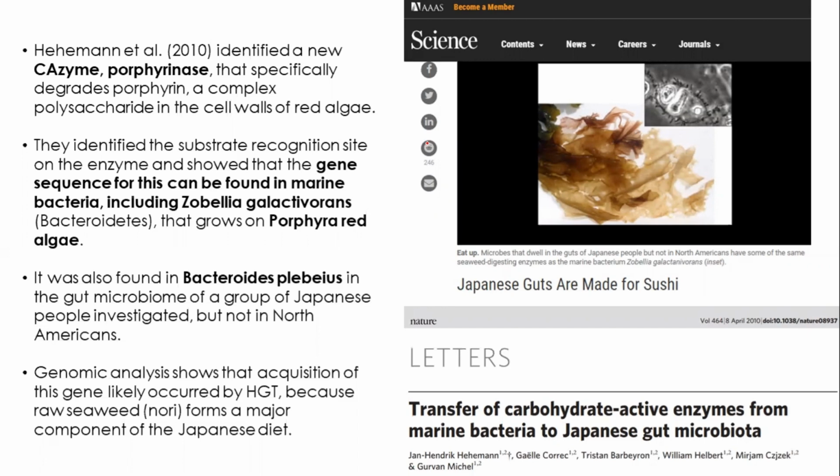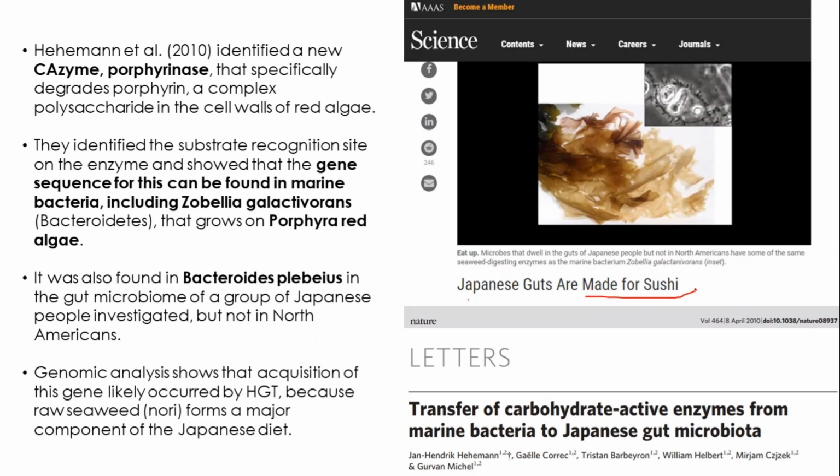Now, how this bacteria is modulating our gut microbiota, human gut microbiota, can be very well understood with this particular example. Since Japanese people have been eating sushi for a lot of time, for a number of generations, right?